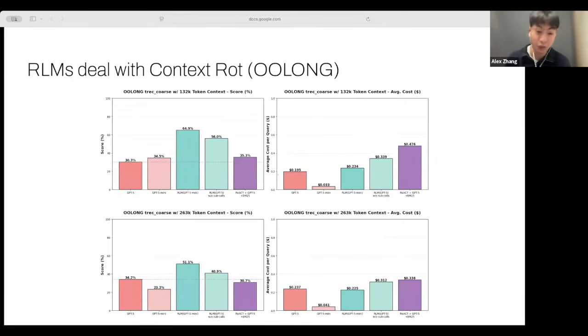But this was the really cool plot that we showed: if you have an RLM using GPT-5 Mini, not only can you effectively double the performance of GPT-5, the actual API cost of doing this is roughly as expensive or cheaper, which is kind of crazy.